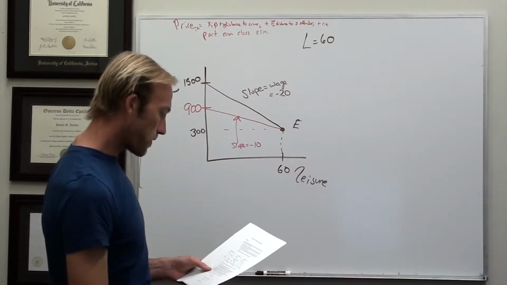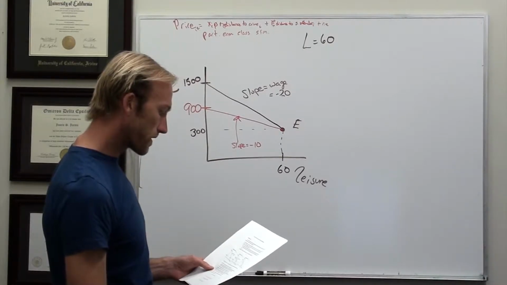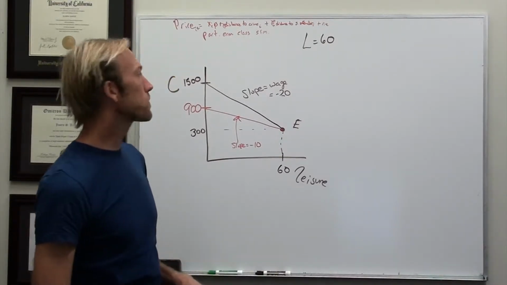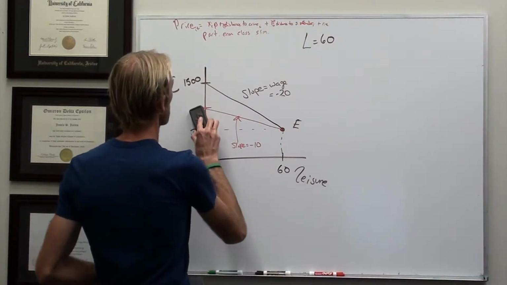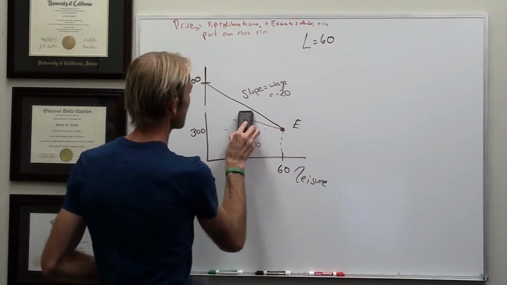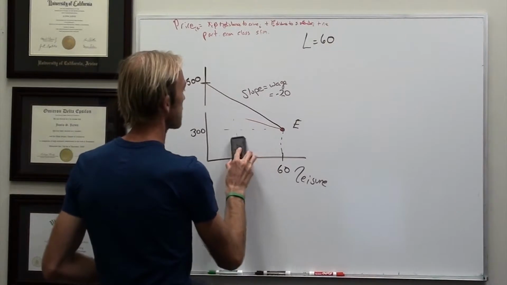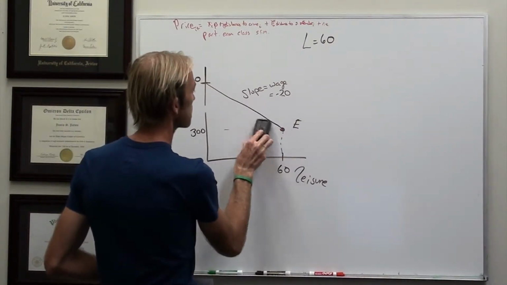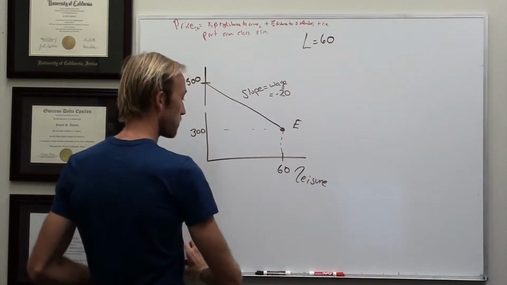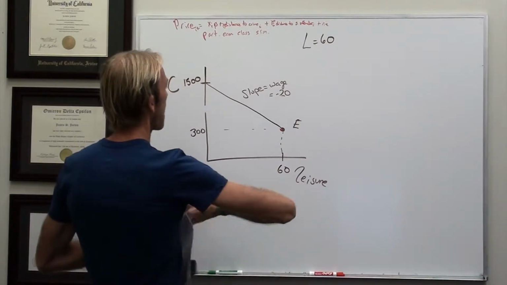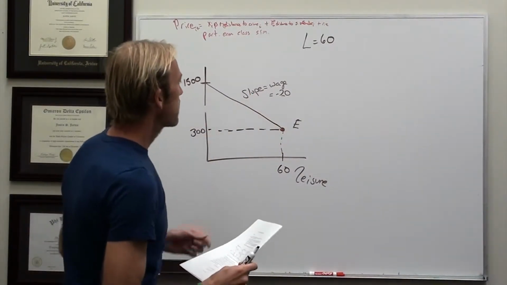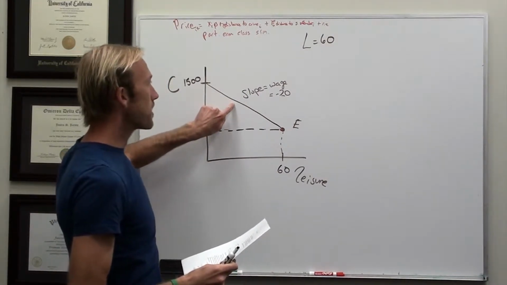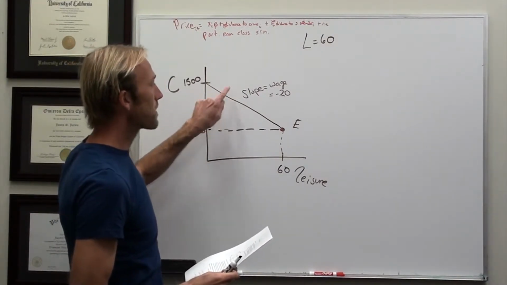Part D of 3.2a says, how does the graph change if instead the trust fund gets raided by your parents? Bummer, leaving you with only $100. So let me erase this actually. The key here to realize is that the $10 wage thing, that's going away. I'm back to my $20 wage thing. Now, really, the slope is going to stay the same. The only thing that changes is my endowment point.